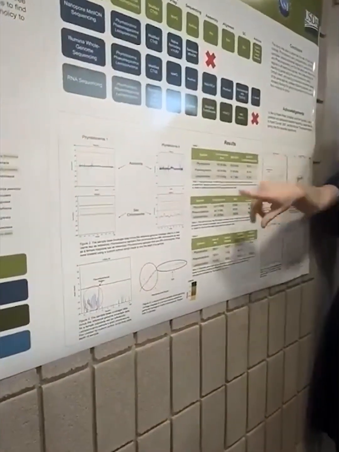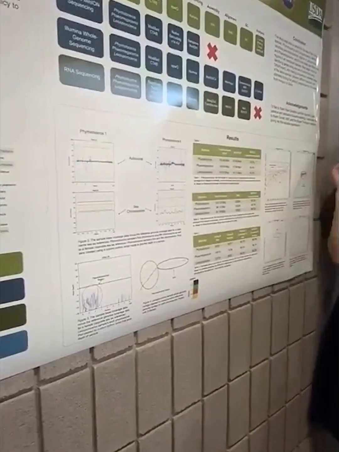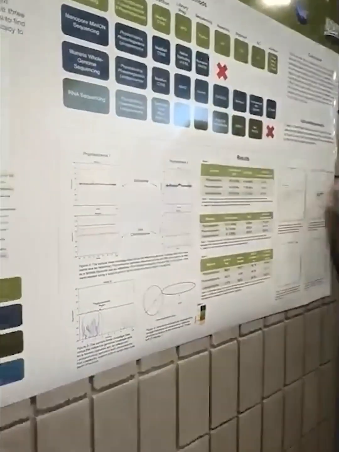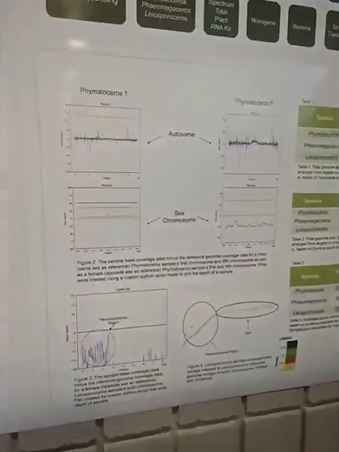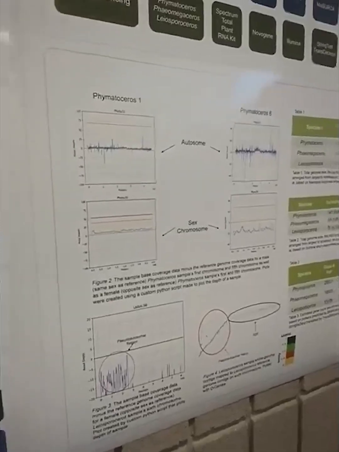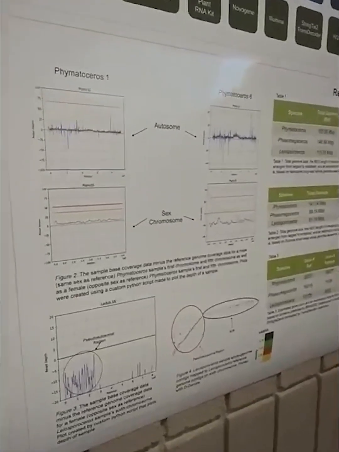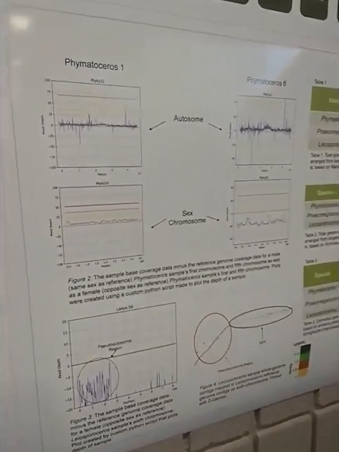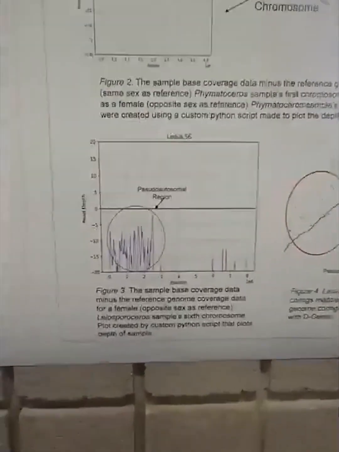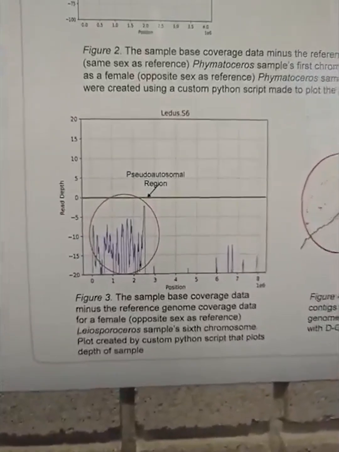So for a same-sex sample, like we see on the left, both the autosome, or the non-sex chromosome, and the sex chromosome are close to 0, whereas the opposite sex sample that we see on the right, the sex chromosome is very different. The same is true for the graph below it on the left, which has also some differences.